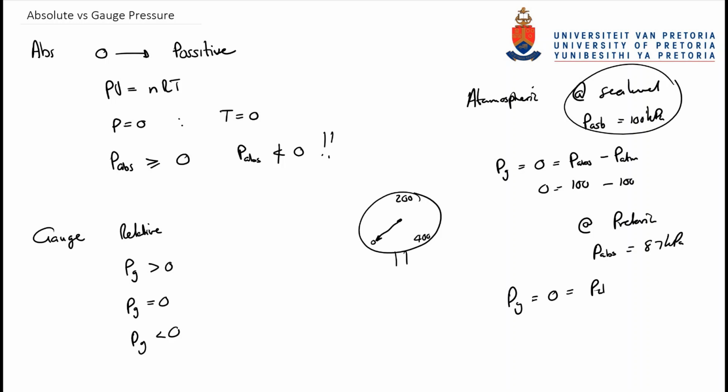So then, I now have my atmospheric pressure and my absolute pressure to be the same, so that my gauge pressure can still be equal to 0. So this is the definition of gauge pressure. Gauge pressure is a pressure on a gauge set to 0 at a given elevation where the atmospheric pressure is known for that elevation. As easy as that.